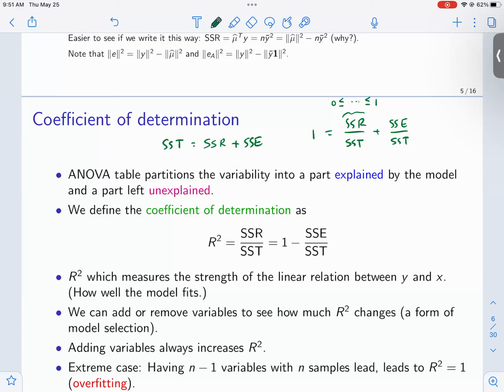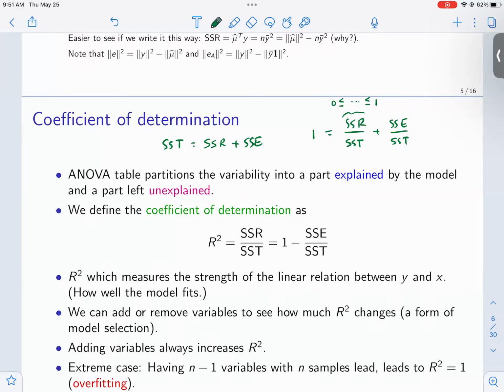So if SSR is large or SSE is small, this R squared is large. What is the ideal setting in regression? R squared should be 1. 1 is good because if it's 1, it means that SSR is equal to SST and SSE is 0.